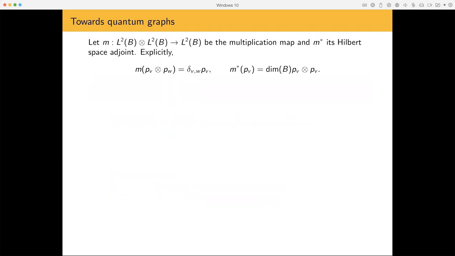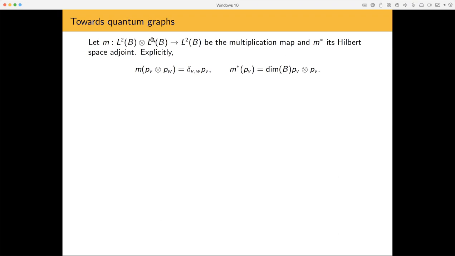What is the data we've got? We have an algebra, which comes with a multiplication map, but the algebra is the same thing as the Hilbert space. So I'm abusing notation here, and I'll write the multiplication map as a map on the Hilbert space level. Once I do that, I can look at its adjoint.